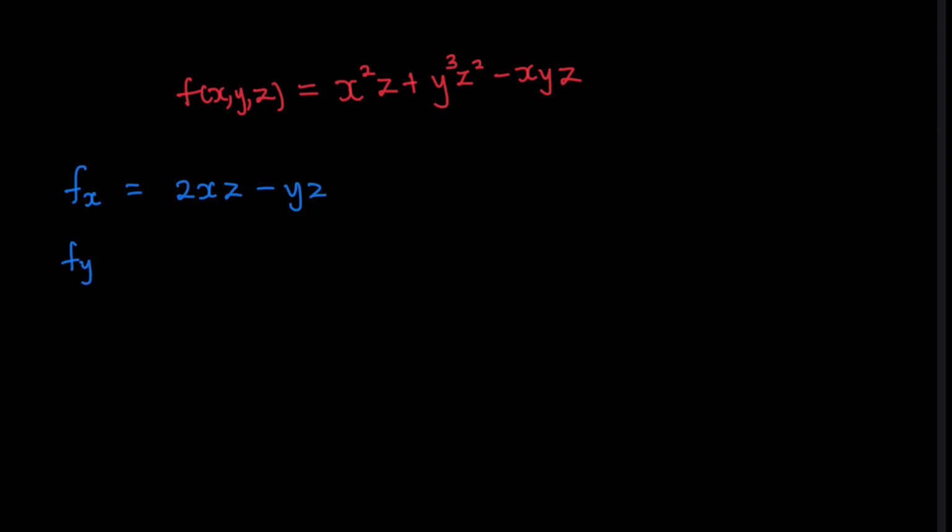Then f sub y is going to give us 3y squared z squared minus xz. Then f sub z is going to give us x squared plus 2y cubed z minus xy.